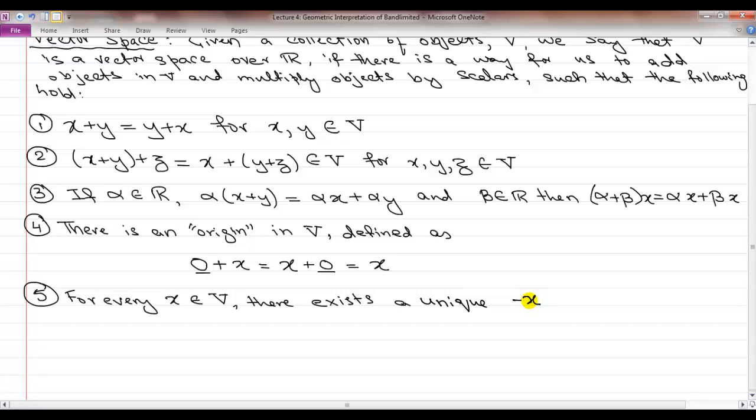It's not a subtraction operator, but rather I'm just calling that vector minus x. Belonging to the vector space such that the following holds: I add this additive inverse to x, and of course the order doesn't matter, then I get back the origin.